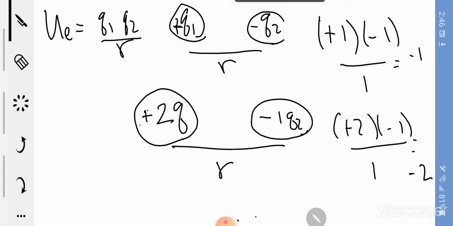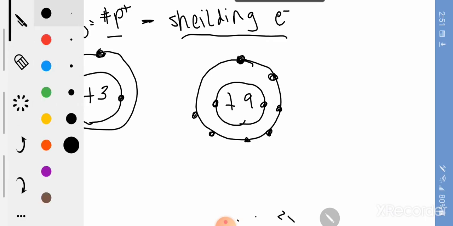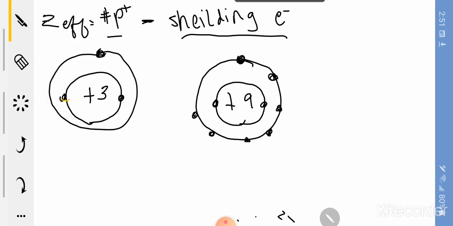We increase the number of protons in our atom. So our effective nuclear charge, or our ZEF, the formula is our number of protons minus our number of shielding electrons. So those shielding electrons are these inner ones right here. And they're called shielding because they're protecting the nucleus in a way that they are repelling.